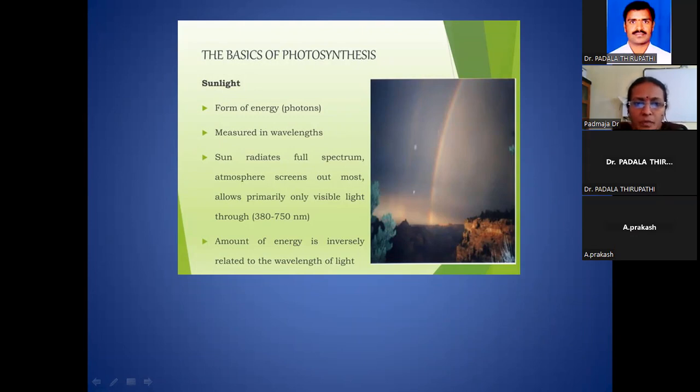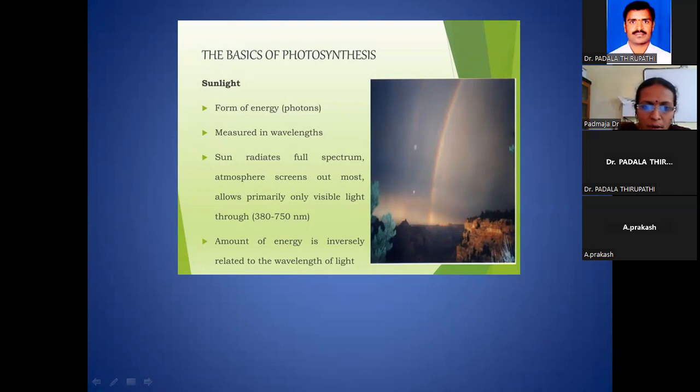So this will be measured in wavelength. The sun radiates the full spectrum, the atmosphere screens it out and allows primarily only the visible light. So the plants will prepare their food materials in the visible light, that is 380 to 750 nanometers.